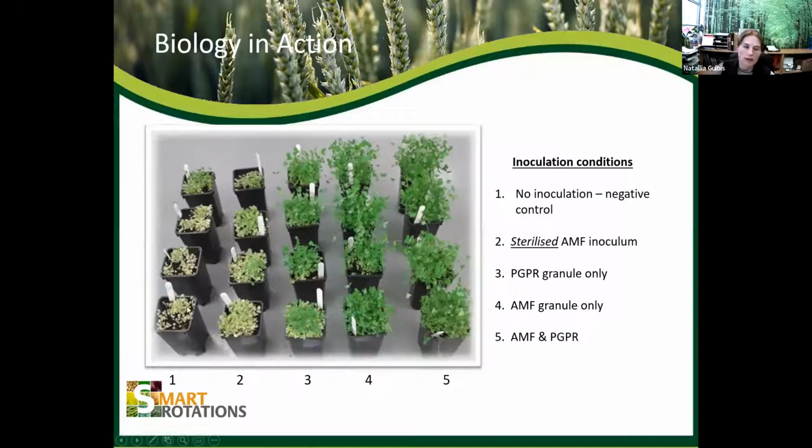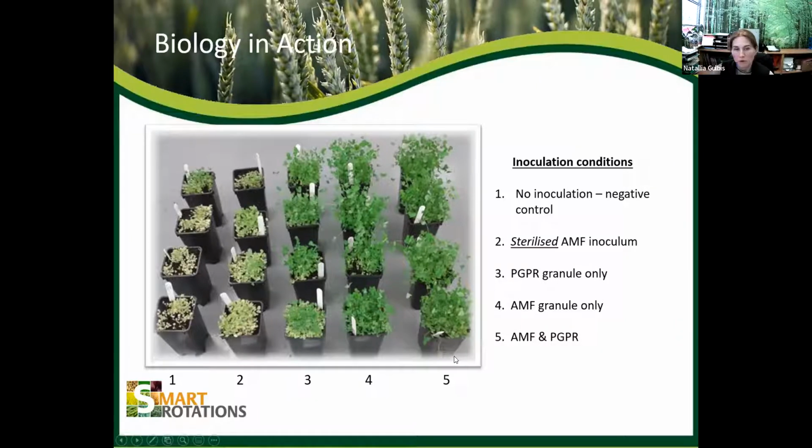Here are plants growing in coir, which is quite a harsh environment for the plant to grow in. This column doesn't have any microbes. This one has mycorrhizal inoculum, but autoclaved, basically killed biology. Plant growth promoting rhizobacteria is row number 3. Number 4 is mycorrhizal fungi, and number 5 is a combination of the two.